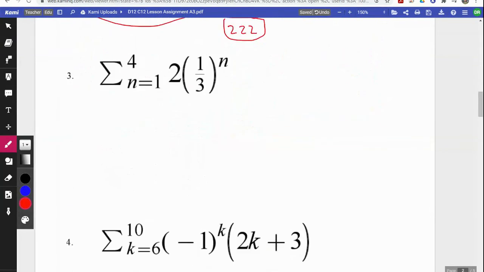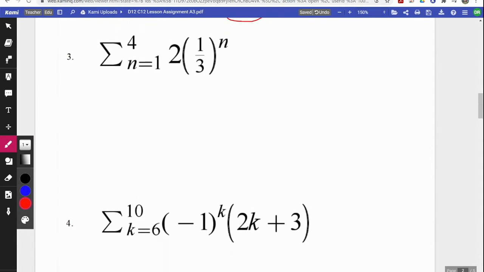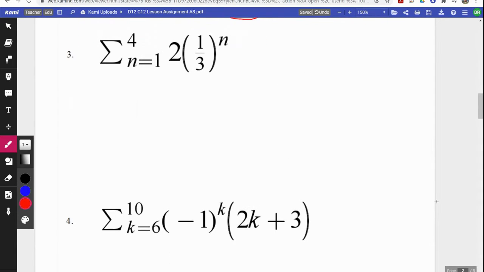There's a couple more examples. This one looks a little bit nicer, and there's a nice thing that happens with this one. First of all, we want to recognize that it's starting at the first term, so n is 1, and our last term is 4, so it's just the first 4 terms.